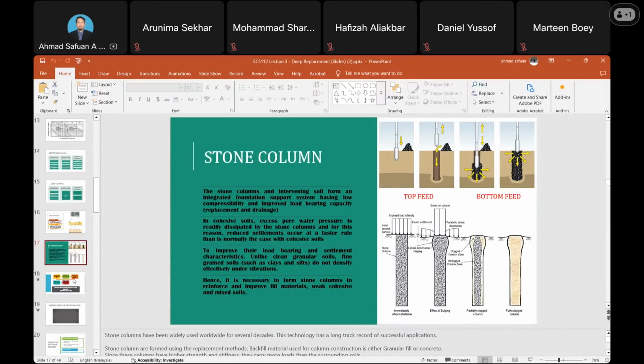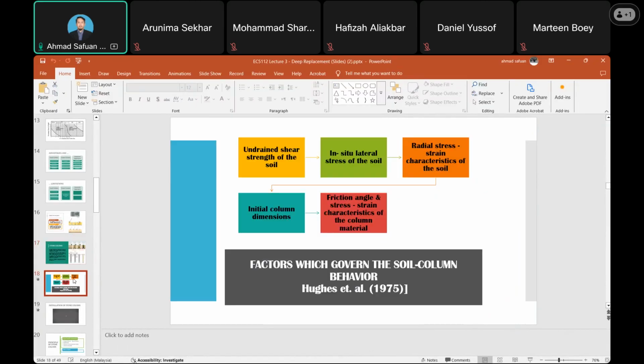Okay, so then I continue on the explanation for the factors which govern the soil column behavior.